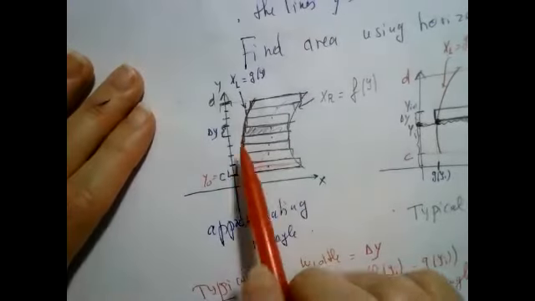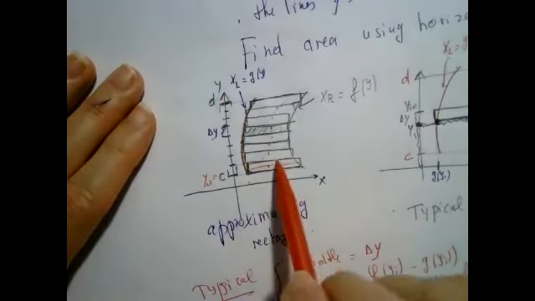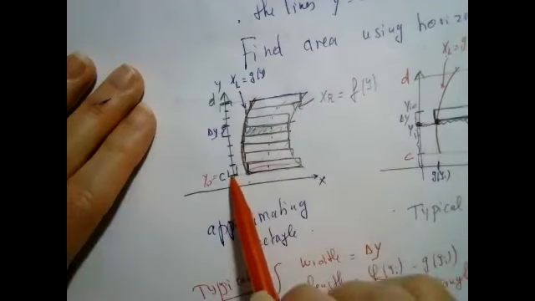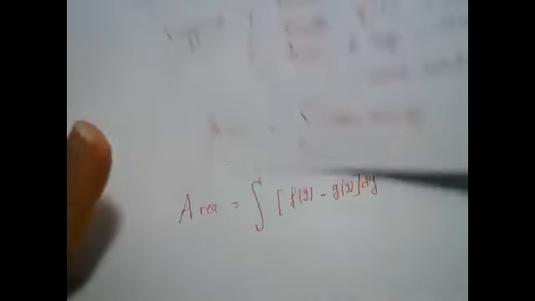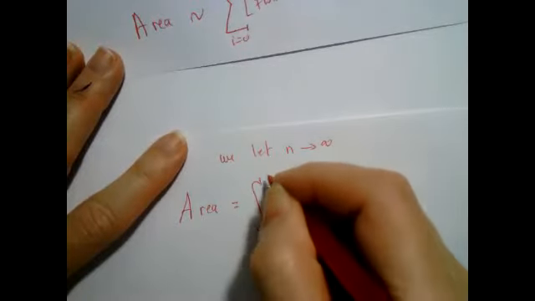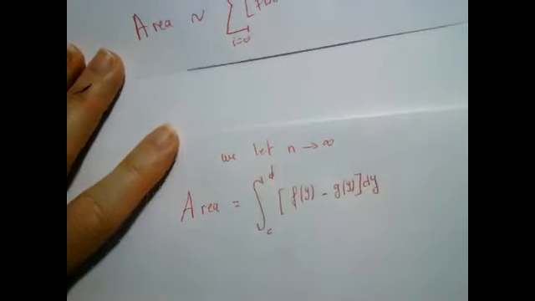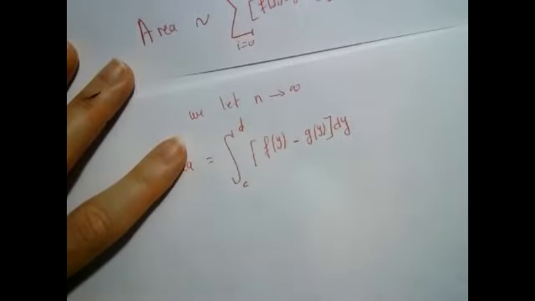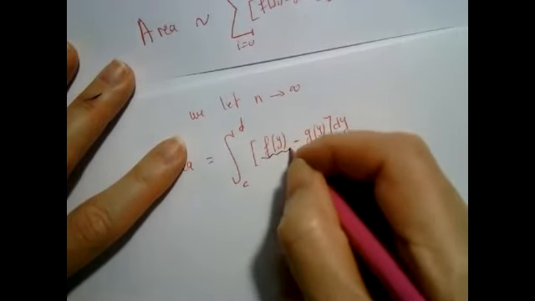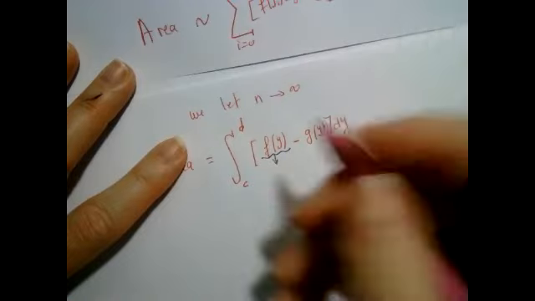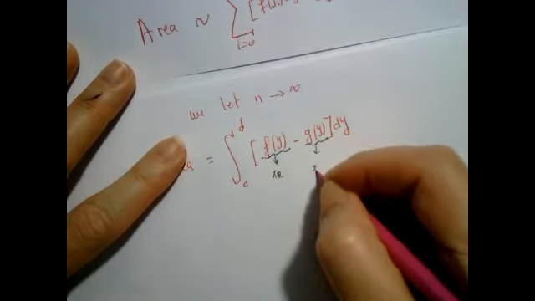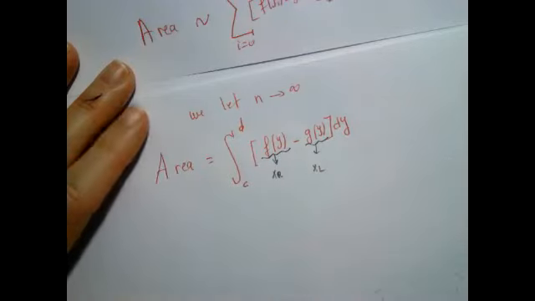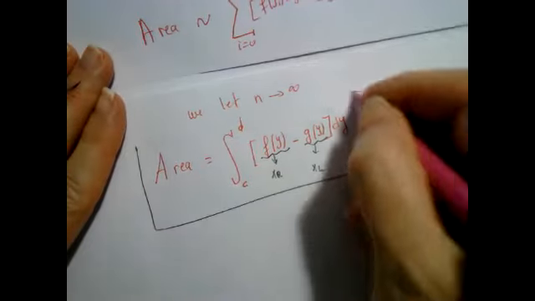To find the limit, you ask yourself which interval I need to chop into pieces to cover my whole region. The interval on the y-axis between c and d. So it's going to be the integral from c to d of f of y minus g of y. And to put this in a good context, f is always the right curve, g is the left curve. And this will be the area.